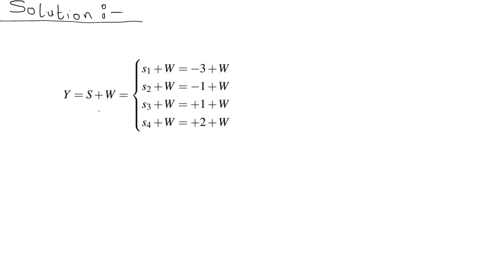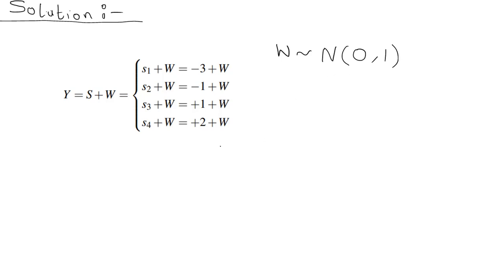Proceeding with the solution, we have been given that S and W are two independent random variables. Hence the random variable Y can be directly found from W by shifting W by S, since S is a DC value. So we have four corresponding cases, S1, S2, S3, S4, and they are as follows. And W has been given as a normal random variable with zero mean unit variance.